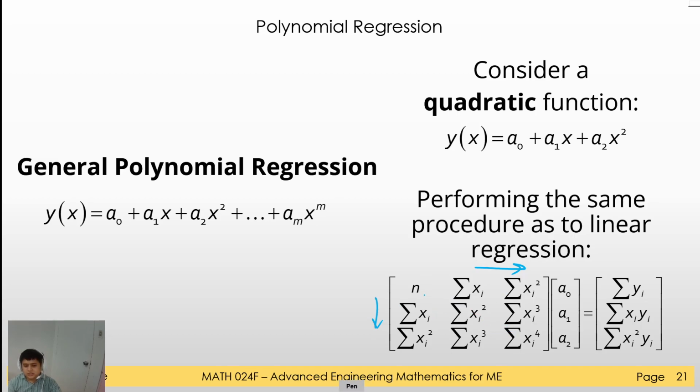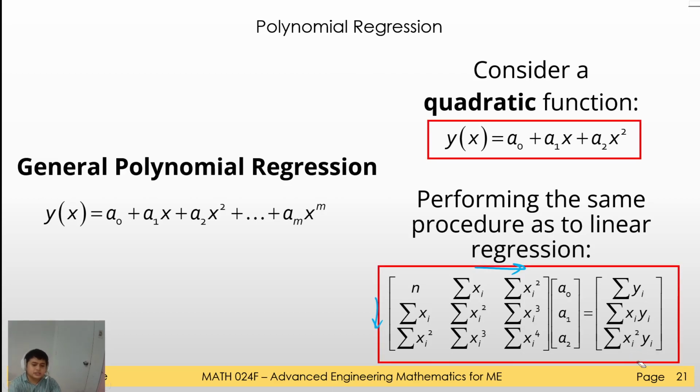That will be the pattern. For the additional rows, you square the xi. So if this is a cubic function, then we have xi cubed yi, for example. So remember this formula.